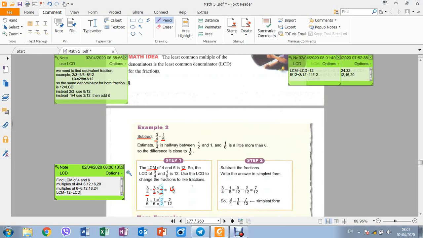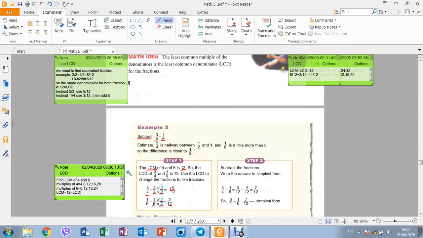Now 1/6, so put down 12 directly, only denominator 12 in there. Now 1/6, 6 times which number equal to 12? 6 times 2. Because we multiply 6 by 2 in the denominator, at the same time we multiply numerator by 2. 1 times 2 equal to 2/12.